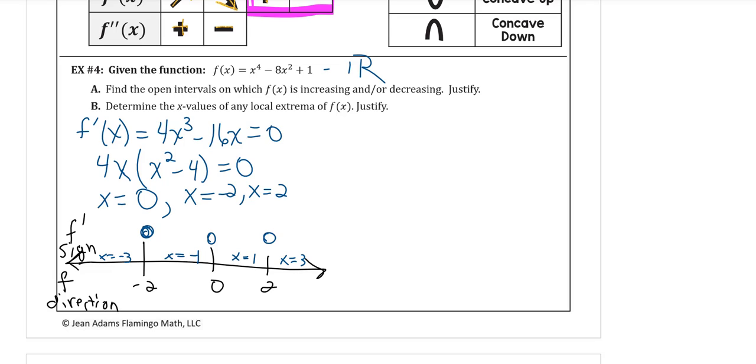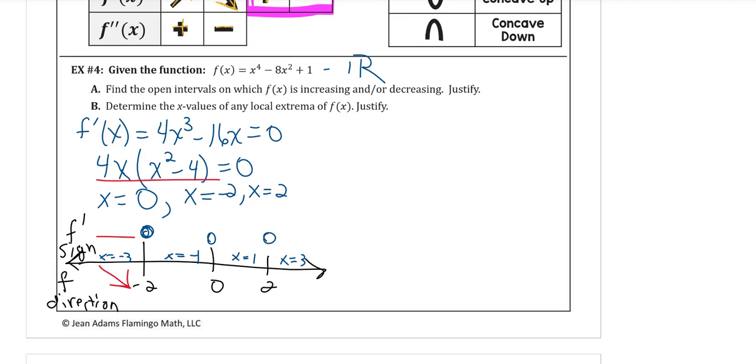Okay, so substituting -3 in our derivative, and I like to use the factored form because I think it's easier. Then I'm just looking at two terms, whether I multiply them together and they're positive, or negative. So if I put a -3 in here, I'll have -12 times 5. So that's going to be a negative number. So my sign is going to be negative, which means my function is going down. Then I'm going to substitute -1 in.